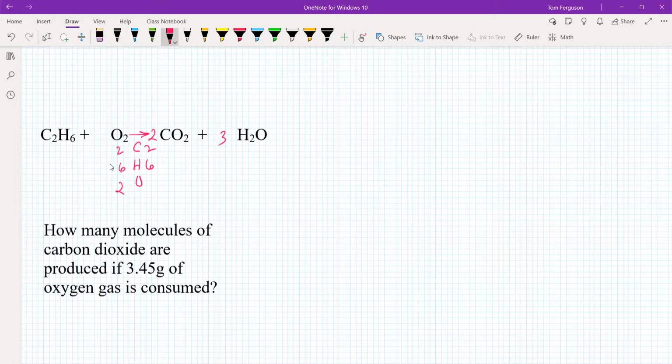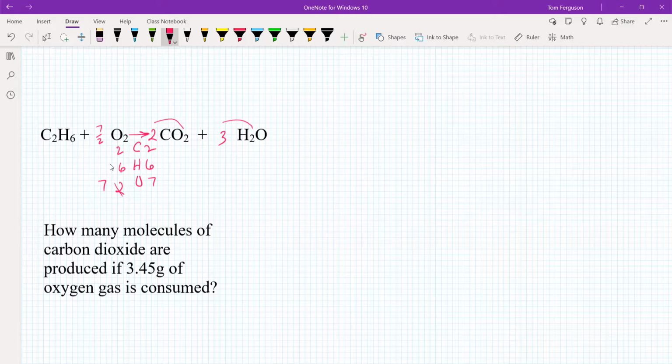On the other side we have 4 and 3 is 7 oxygens. If we had 3.5 oxygens, that would give us 7 oxygens because 3.5 times 2 is 7.